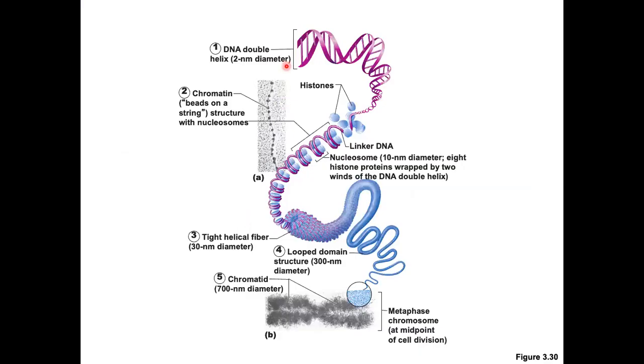This is what DNA looks like, sort of, completely unraveled, right? So DNA is a double helix. It's 2 nanometers in diameter, so that gives you an idea of the size. And when it's in the cell, and the cell is not going through mitosis, the DNA exists as chromatin. Okay, so number two, chromatin are kind of like beads on a string, right? So think of kind of like a little pearl necklace, right?